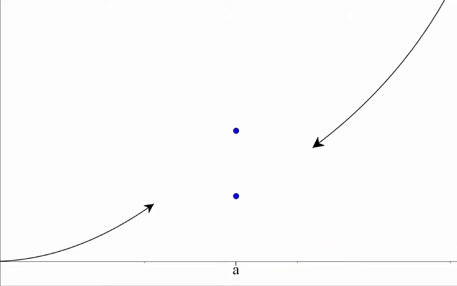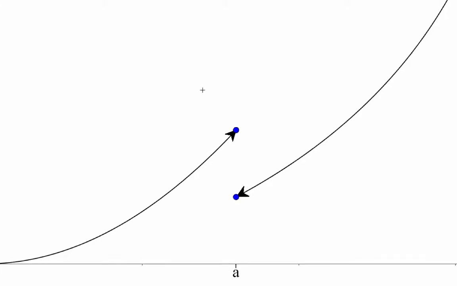It certainly can happen that a function has different limits depending on whether you come in from the left or from the right. Here you can see that as x approaches A from this side, it will arrive at this limit, which we shall call L minus.